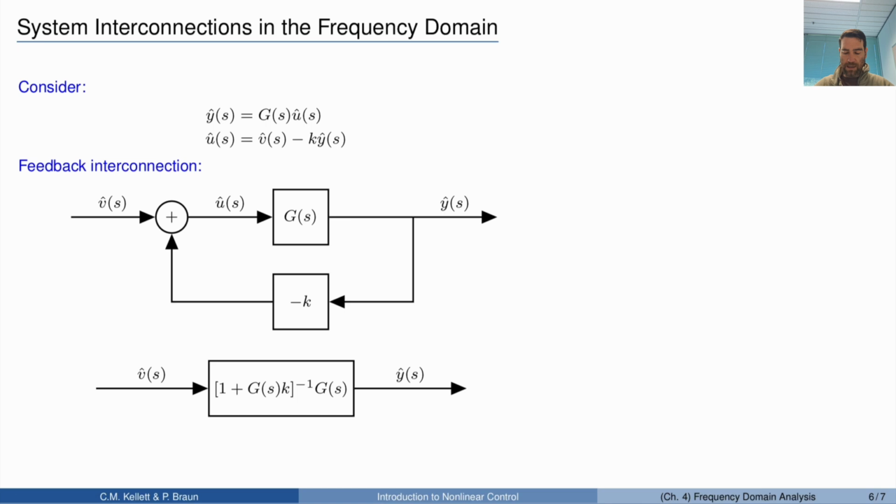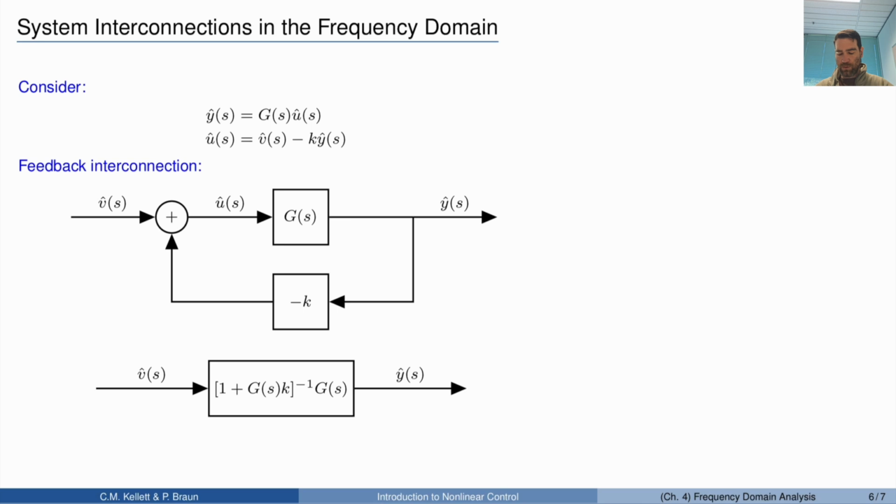We feed the output back with a new input signal or reference signal, and then the overall system dynamics go from an open loop representation from U to Y to a closed loop representation from V to Y with this very specific closed loop transfer function.